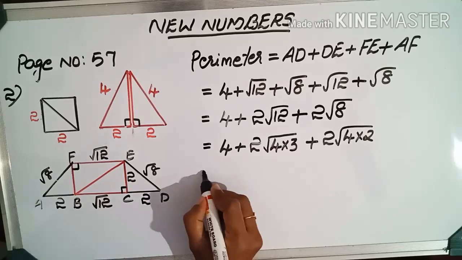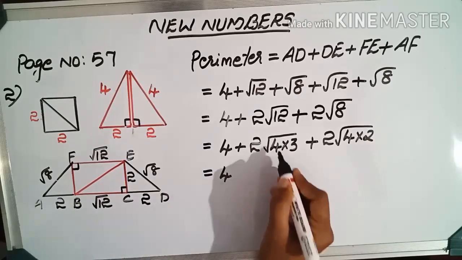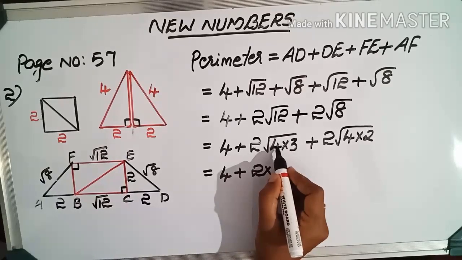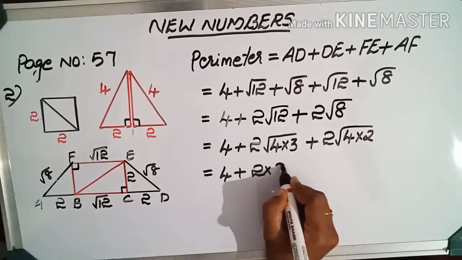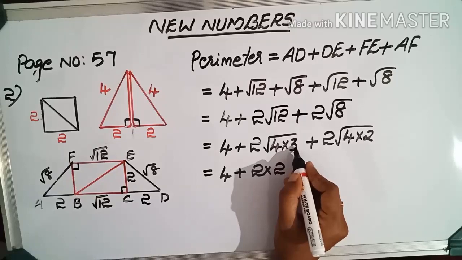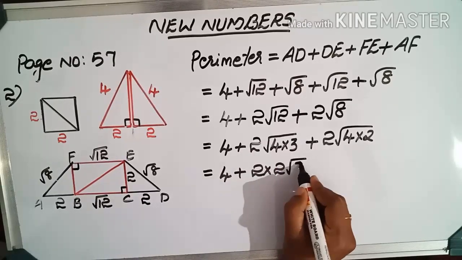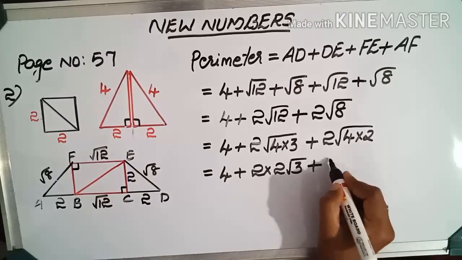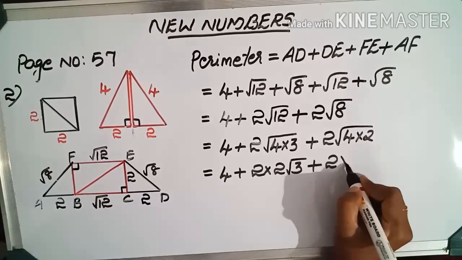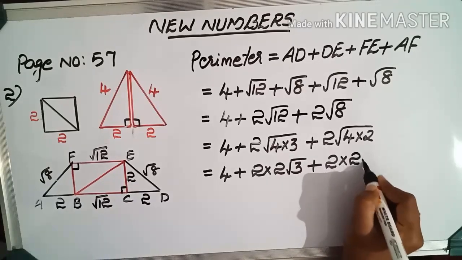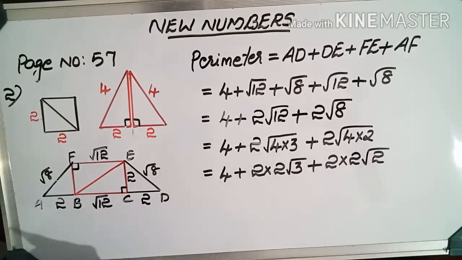Next take the 4 outside. So 2 into root 4. Root 4 is what? 2. So 2 into 2 root 3 plus 2 into root 4, 4 outside the root it will be 2, then root 2.